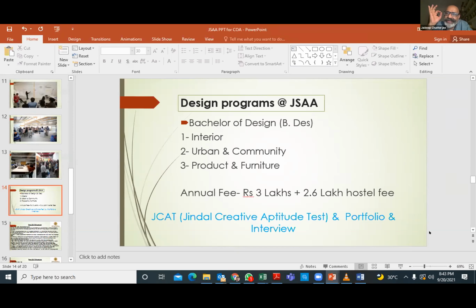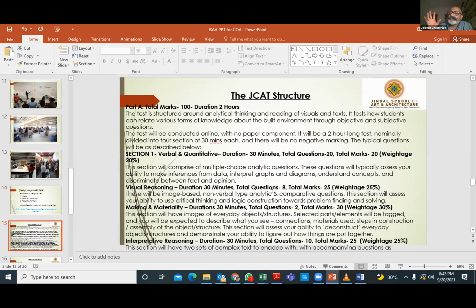We test your ability to observe things around you and how they are made, because that's what you are going to do. You're going to make things. Number 3, we test your powers of observation in terms of how things are put together, because that is also something that you do.